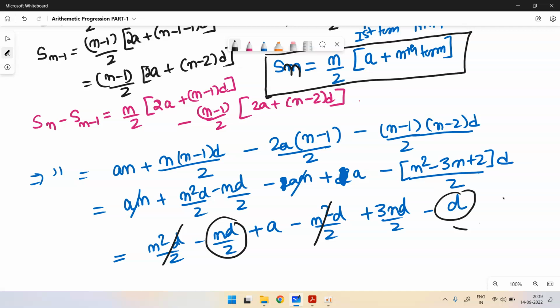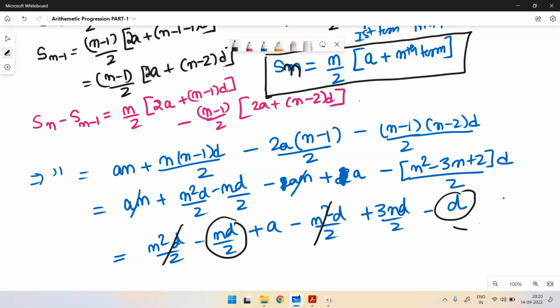Now I have done something wrong. N minus 1 d, n minus 2 d, this is 2d, and n by 2. N minus nd by 2, this will become this, and minus this will become this, and this is n minus 1, n minus 2 d.